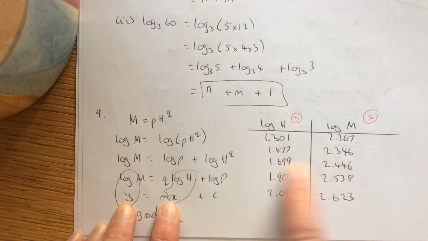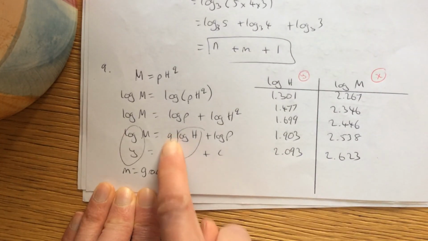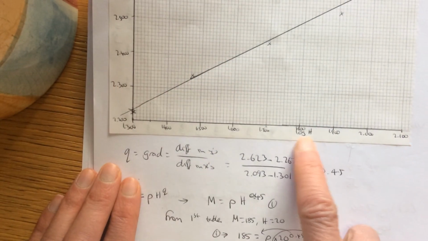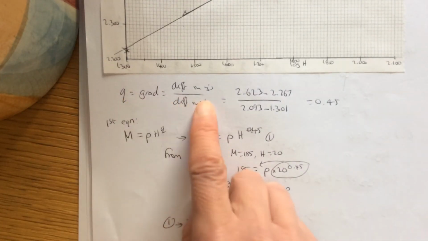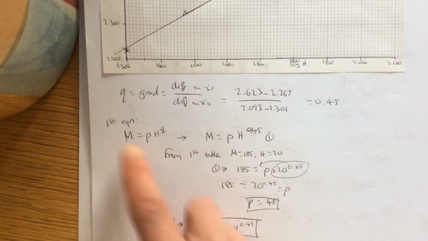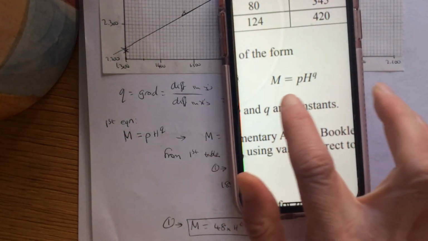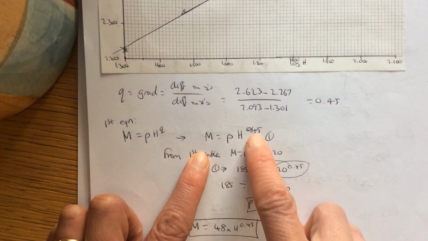So you've got to log everything in the table and do a second table. My gradient is q. So that's me drawing it out. There's my log h along there, my log m up there. Line of best fit through the middle. I remember q is the gradient, difference in y's over difference in x's. Okay? Then what you do, go back to the first equation and put in your q, which is there.